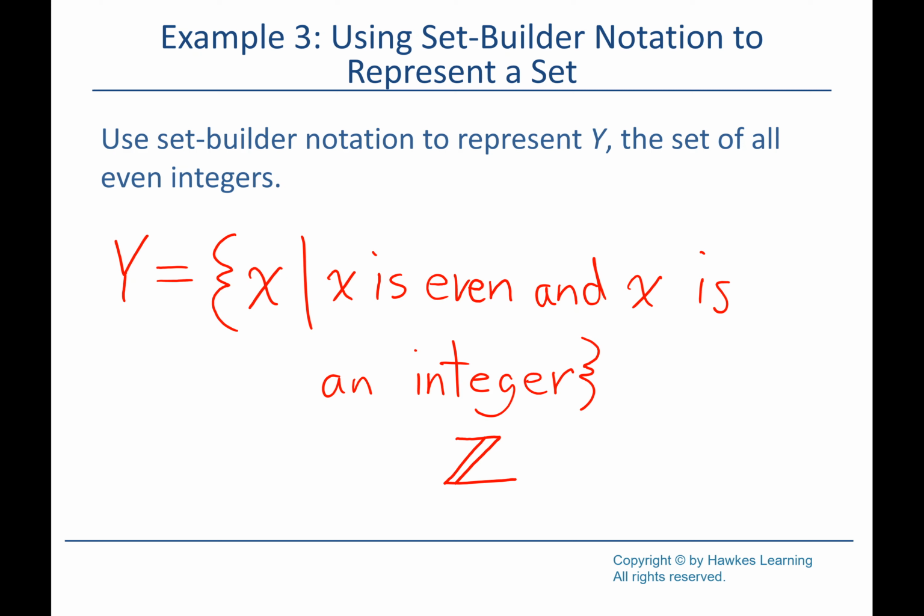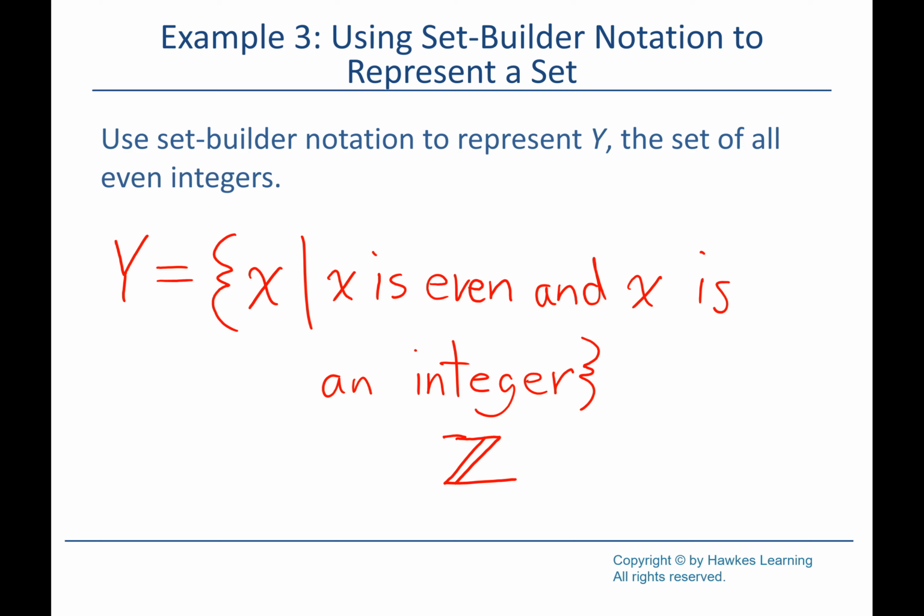It's like a Z with a double bar in the middle. Okay? And if I remember correctly, the reason why it's a Z, I think it comes from the German word for integers there.